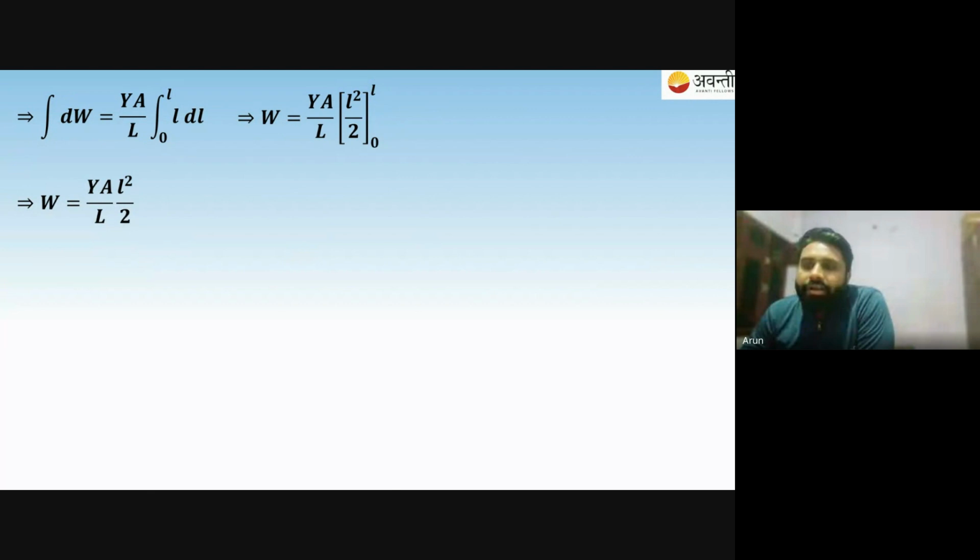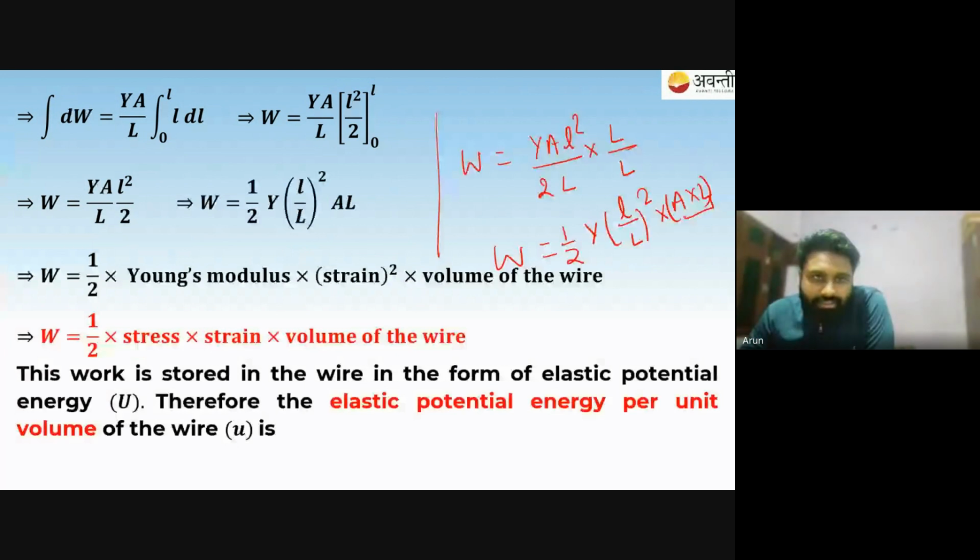So we can replace the force that we have applied by the elastic force, that is a restoring force. For that, in this equation we have multiplied and divided by L. You will see here W equals Y A L into l square divided by 2 L square, where AL is nothing but the volume, and l by L, the change in length divided by the original length, is the strain.